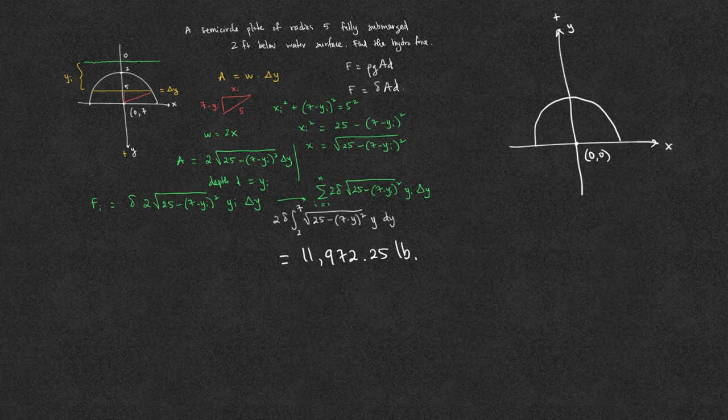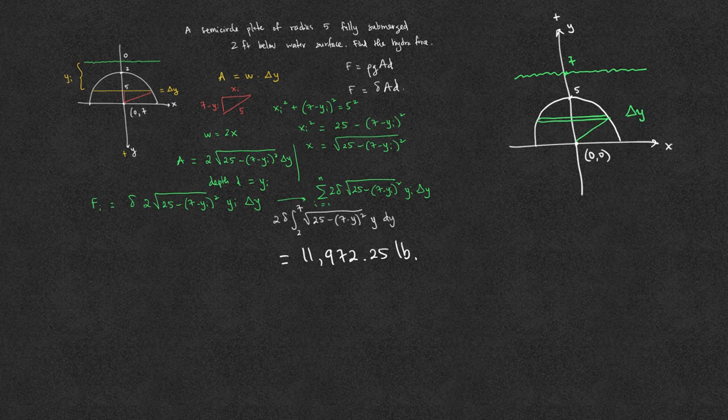The radius of the circle is 5, so this is y equals 5, and the water level is 2 feet above the top of the semicircle. And so the water level is at y equals 7. We then slice this as we would normally do. The thickness of the slice is delta y.